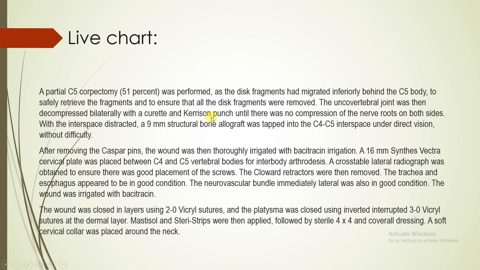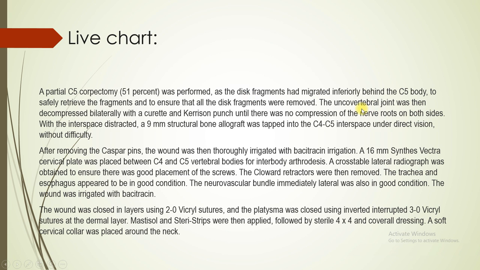Okay. So again, a partial C5 corpectomy was performed as the disc fragments had migrated inferiorly behind the C5 body, to safely remove fragments and to ensure that all the disc fragments were removed. Okay. So as this disc material went behind the cervical vertebral body, the physician has performed the corpectomy.